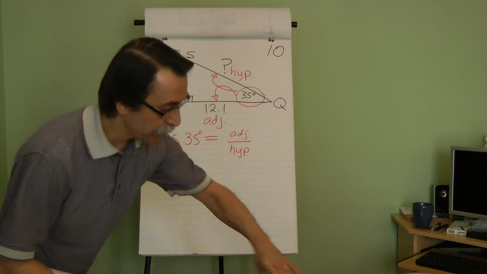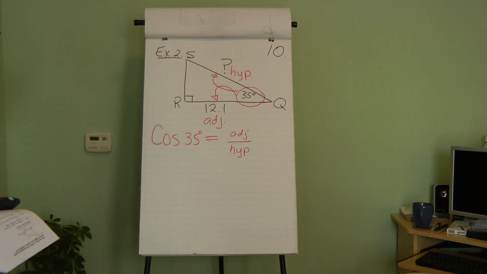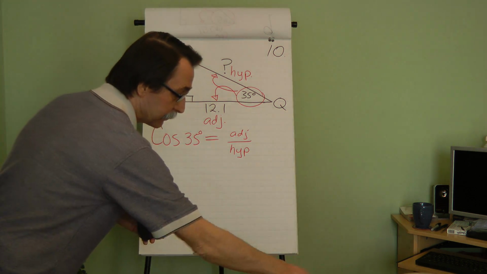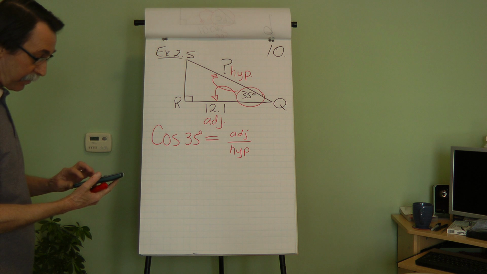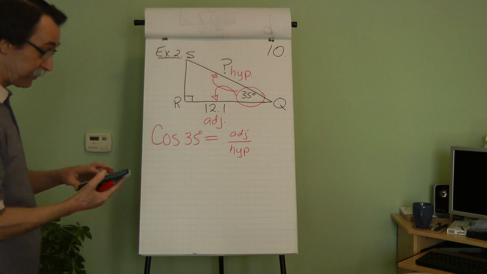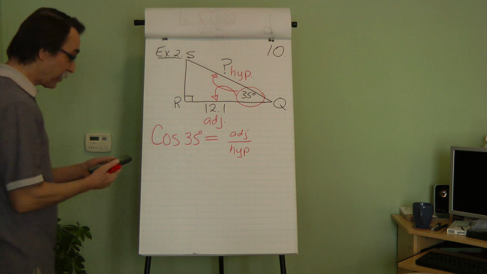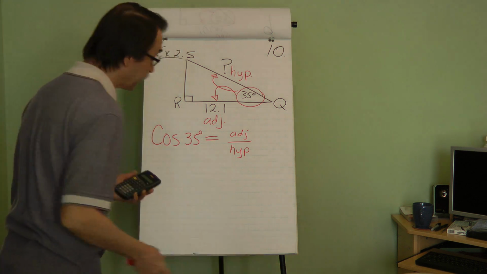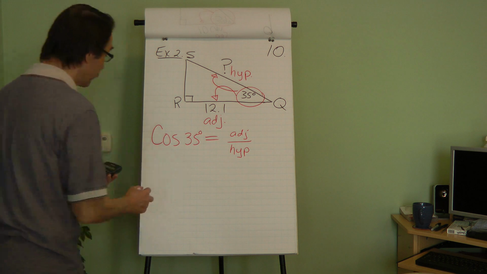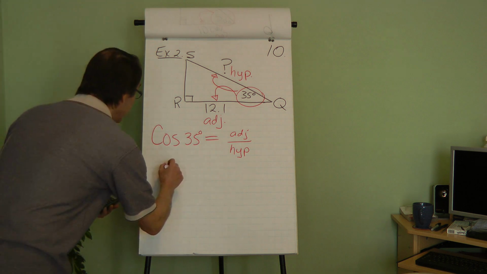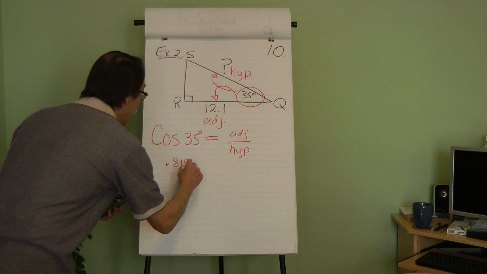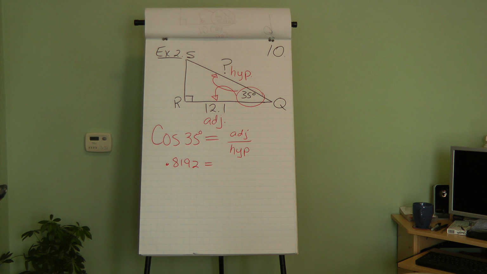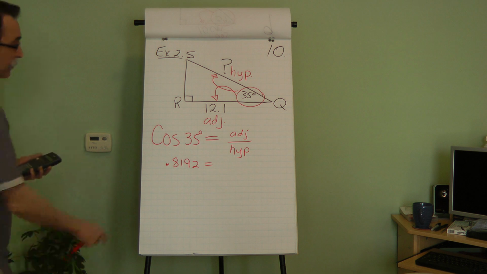Well, I can approximate it, but I think what I'll do here is go into my trusty calculator. Cos 35 is 0.8192. Okay, and again, it's not exactly that, but we're rounding to 4 decimal places. So 0.8192. Now the adjacent is 12.1.